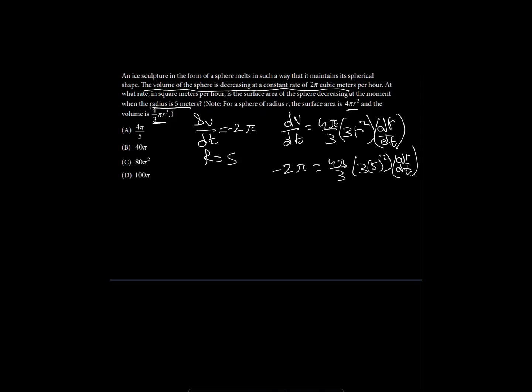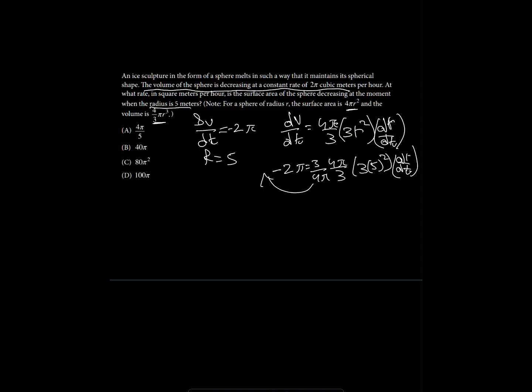From here, we can go ahead and isolate our dr dt, since that is what we are solving for. We do that by multiplying by the reciprocal of 4 pi over 3, which is 3 over 4 pi. And what we do on one side, we also do to the other.